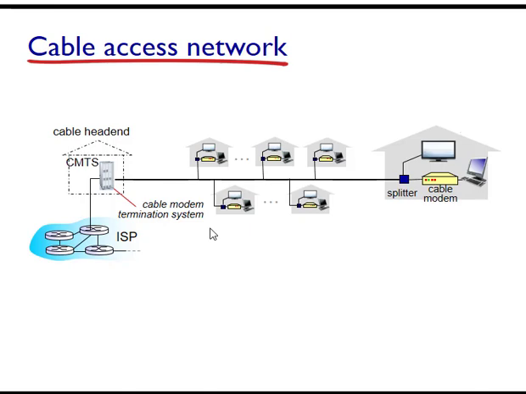A cable access network typically connects several thousand residential modems to a cable modem termination system at the cable network head end. The data over cable service interface specifications, DOCSIS, specifies the cable data network architecture and its protocols.